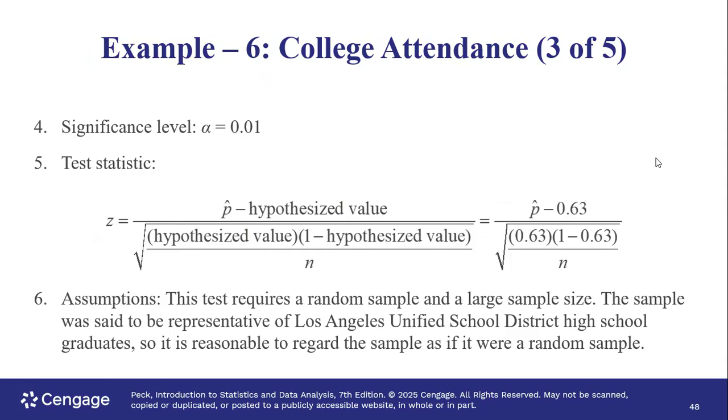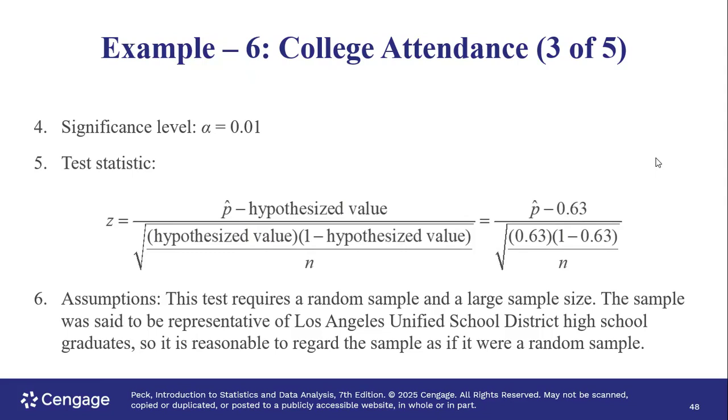So it is the square root of 0.63 times (1 minus 0.63) in the denominator, divided by the sample size of 500. So our test statistic value is minus 5.09.